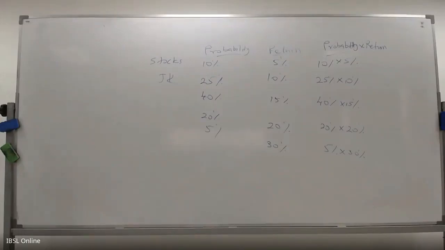So given this probability of return combinations, you need to multiply the probability into return.